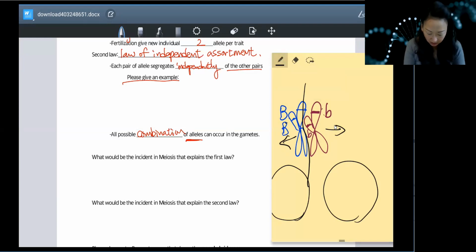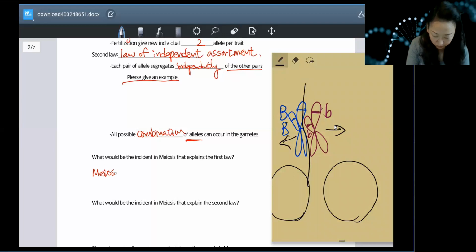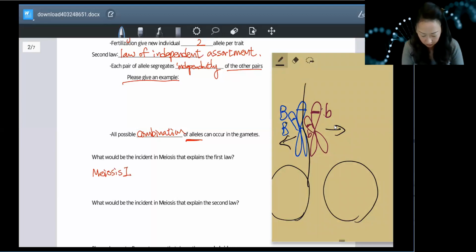Let's write this. During meiosis 1, homologous chromosomes separate.